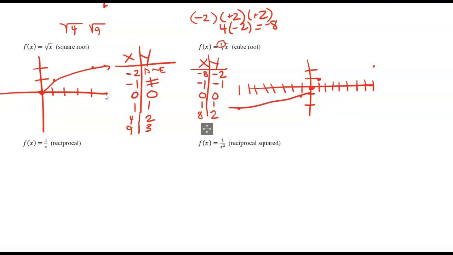So we're going to have something like that. It's not perfect. If you want to see a better one, you can always go to Desmos and graph it. So we have kind of a curve here.